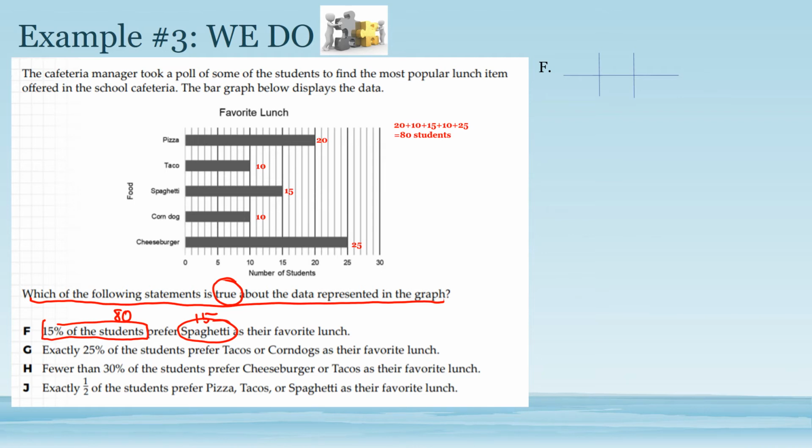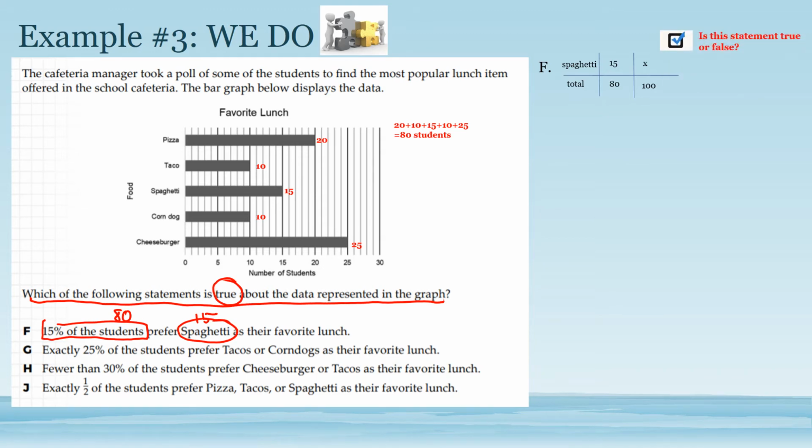How many students like spaghetti out of the total number of students? Well, 15 like spaghetti out of the total. What does percent mean? Percent is a number out of 100. So if you answered a number out of 100, you are correct.